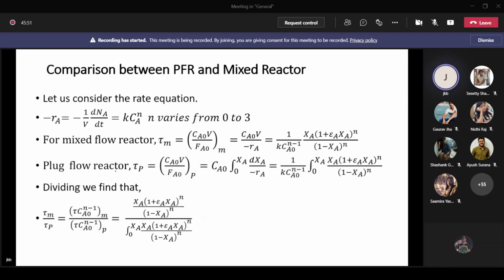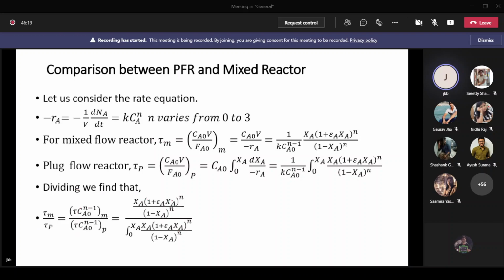And for plug flow reactor, this is the equation. So if we take the ratio between these two, tau m and tau p, you will get a particular value.